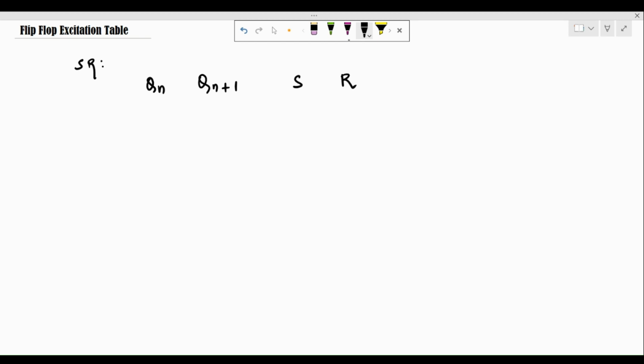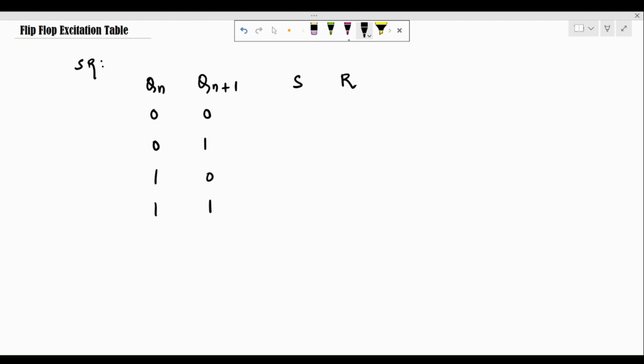Here I know the present and the next states, and since these are all single bits, the possible combinations are 0 0, 0 1, 1 0, and 1 1. What does this mean? The first case says that the present state is 0, and because of some input that I gave to the SR flip flop, it got excited, and the next state is also 0.